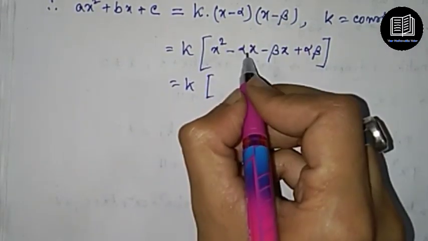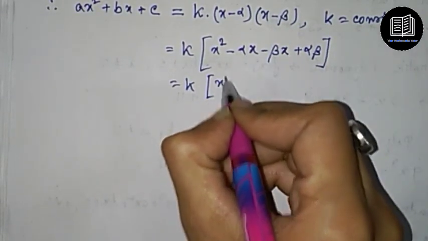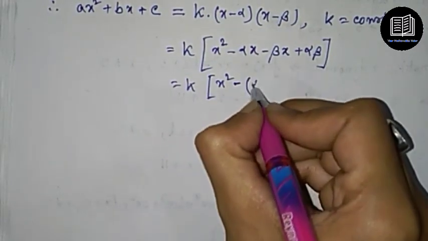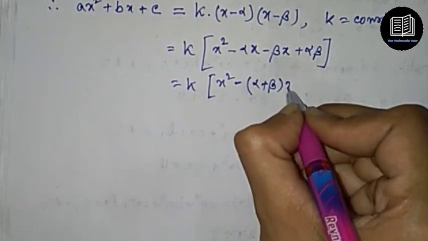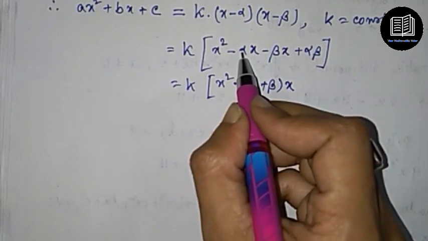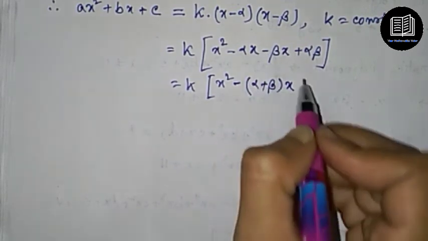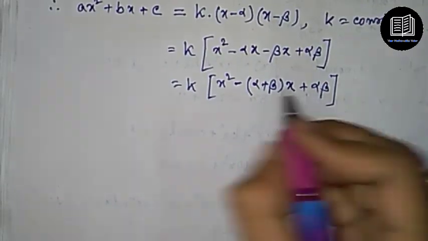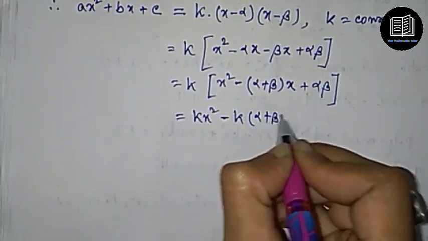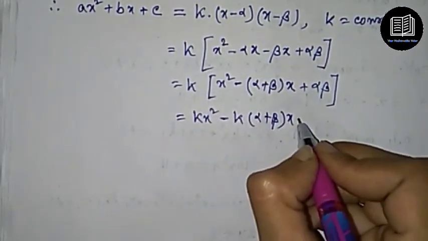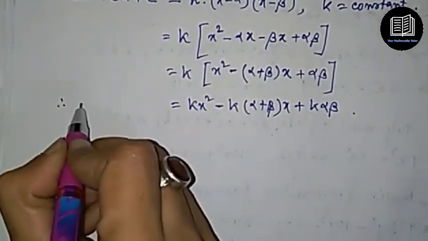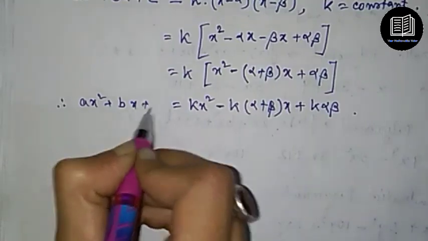Now from x square, taking x common, minus (alpha plus beta) x, plus alpha beta. That is kx square minus k into (alpha plus beta) into x, multiplying k with this, plus k alpha beta. That is, ax square plus bx plus c equals this.